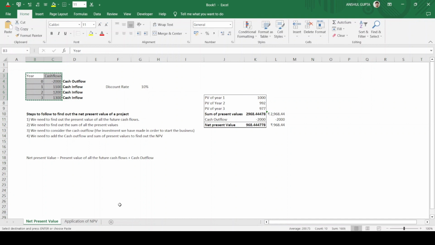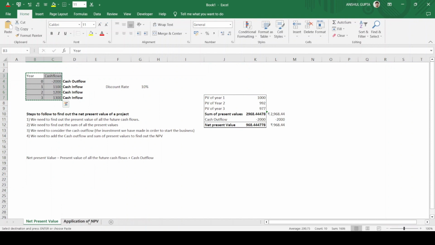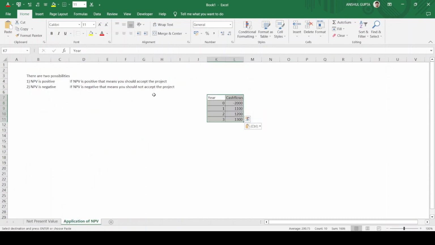Let's select this, Control plus C, and let's paste it here. So in our case, we have taken the discount rate as 10%. So let's calculate the net present value of this project for discount rates starting from 0% to 100%, and let's analyze how it is going to impact our net present value and whether we should accept the project or not. So let's make three columns.